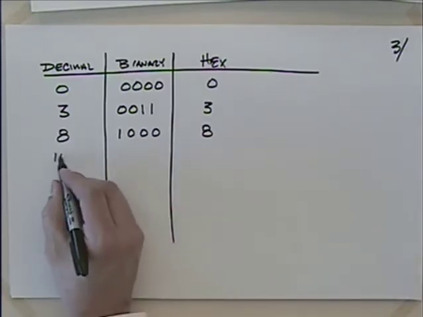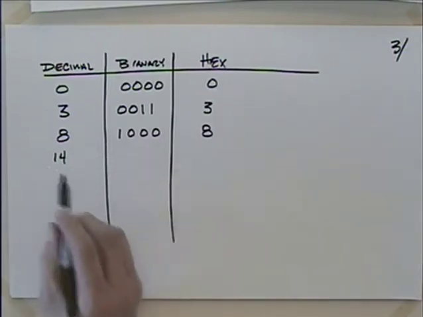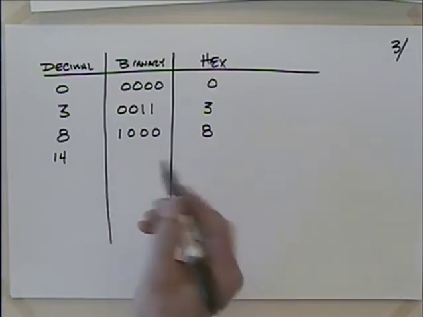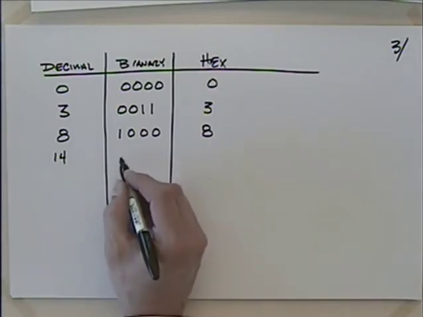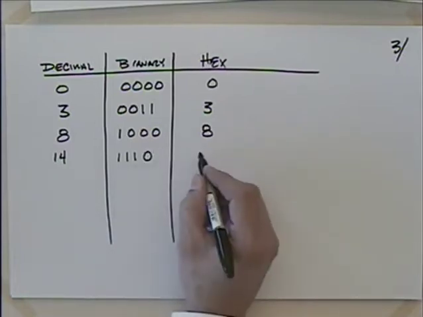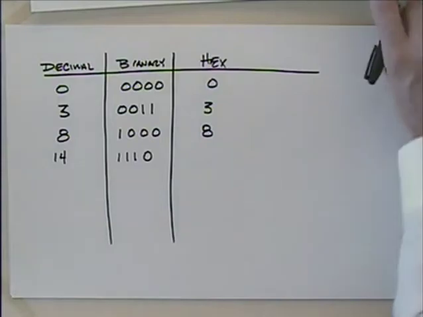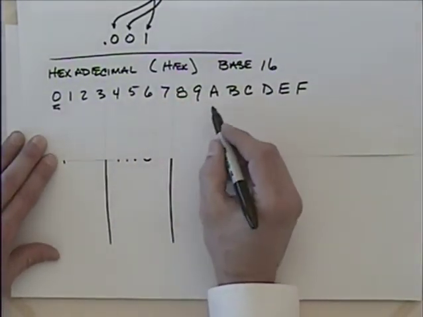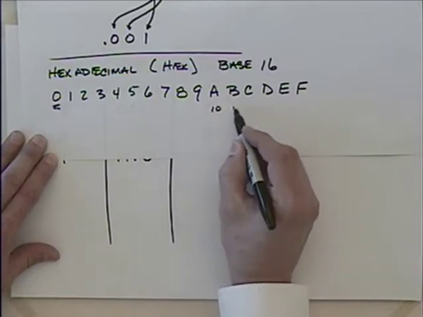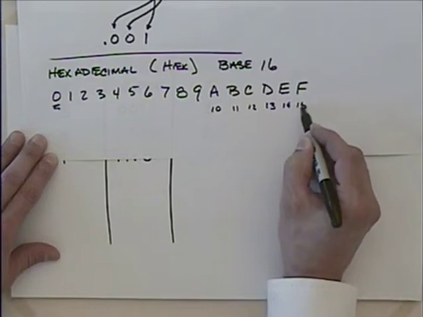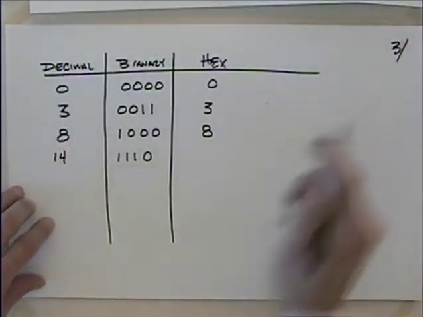If I look at 14, and sometimes in binary we might break this up and represent the 1 and the 4, I'll just say we're going to do it as a 4-bit. So we'll have 1, 1, 1, 0, I think. And where would that be in hex? If we're over here, this is our 10, 11, 12, 13, 14, 15, right? So what would that be in hex? E?